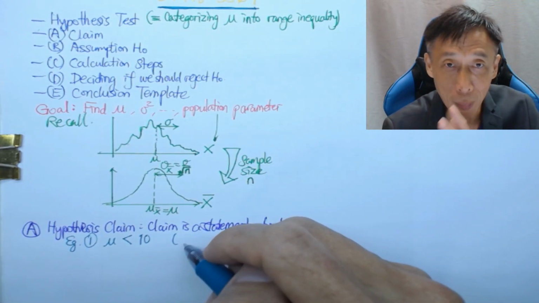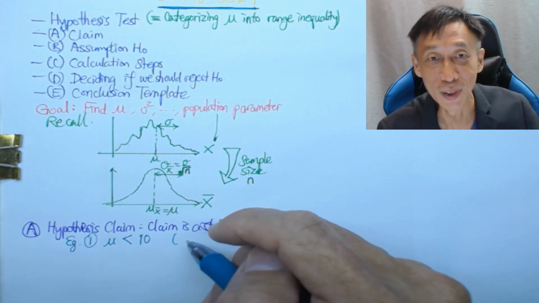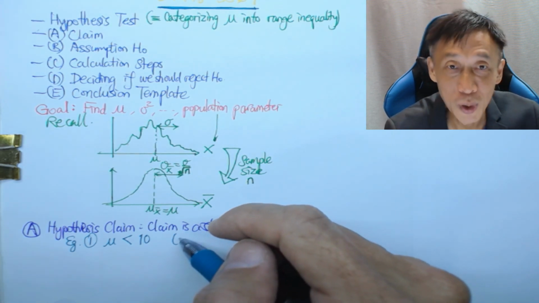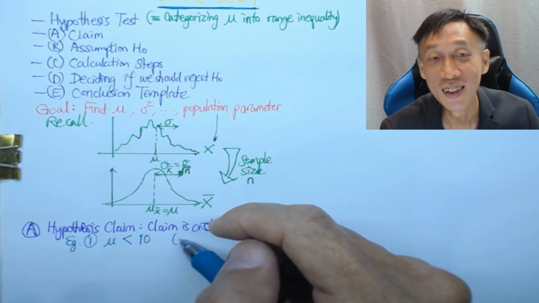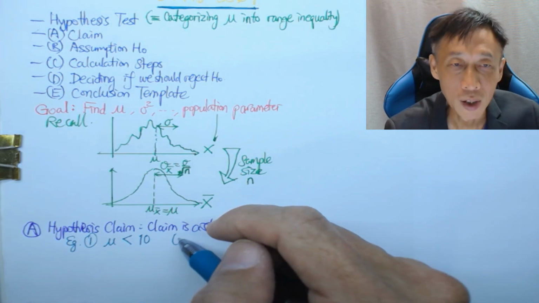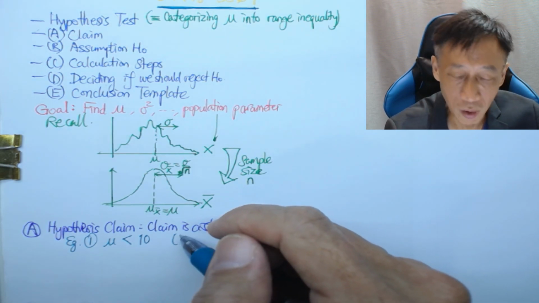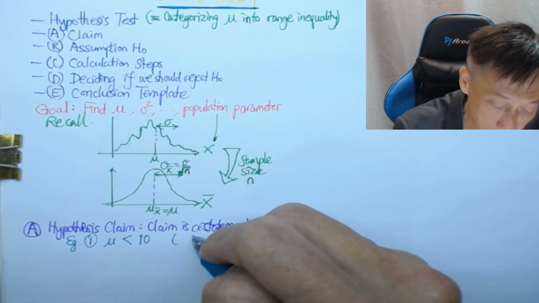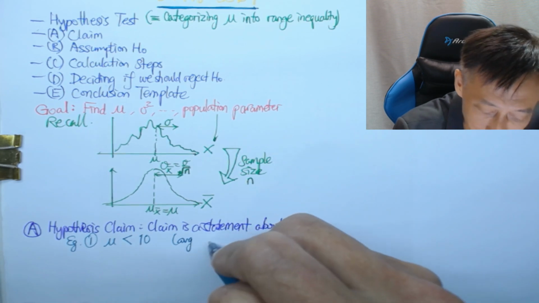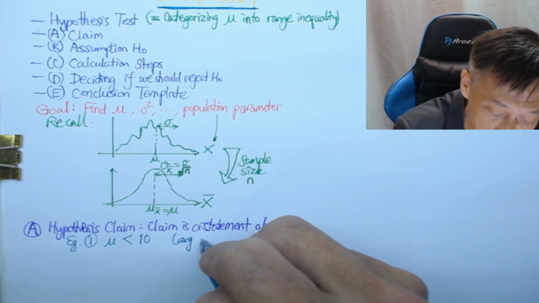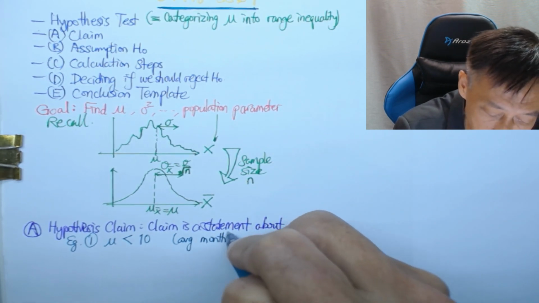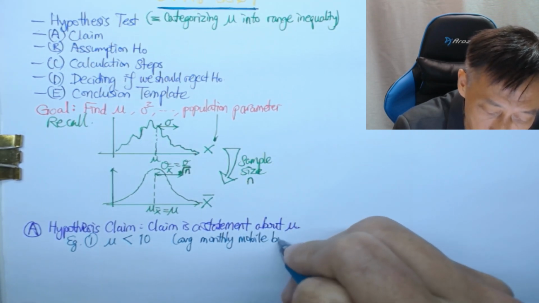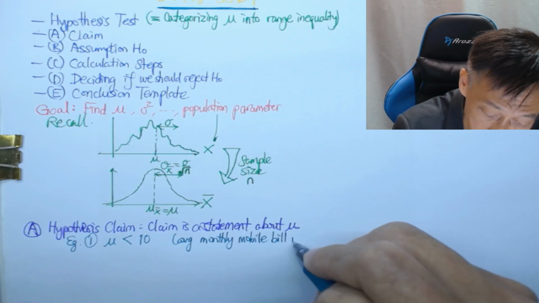This Mamba or Zumba mobile operator is offering a new mobile plan that is very cheap, right?" How cheap? Oh, no more than $10 per month on average. I haven't been paying more than $10 per month, something like that. Okay, so average. So the claim is the average monthly mobile bill is low.